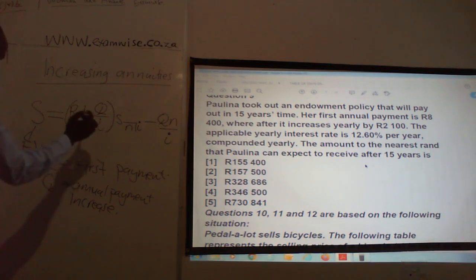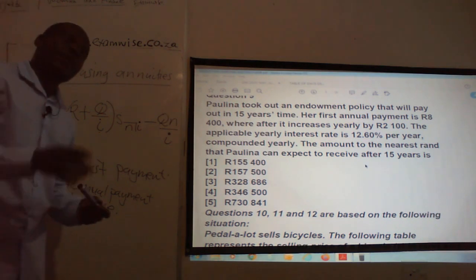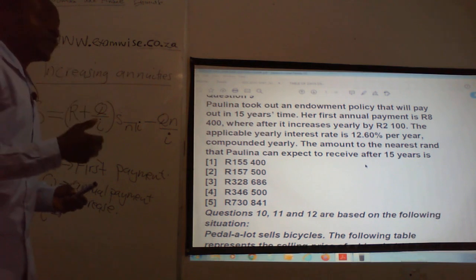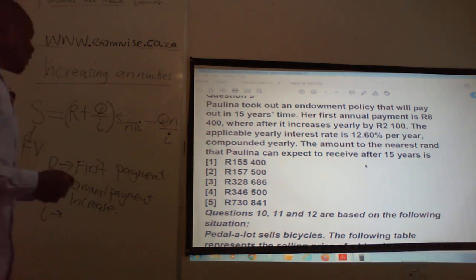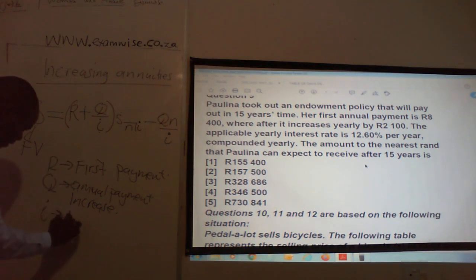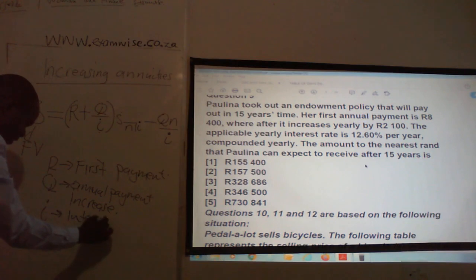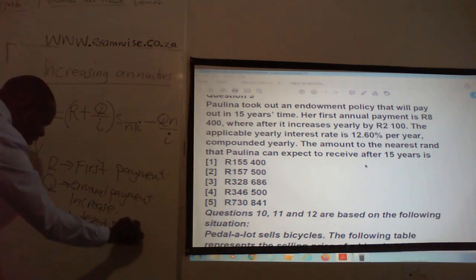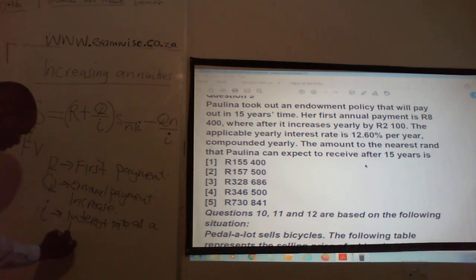And our I here is our interest rate as a decimal, because we are using a formula. As long as we are using a formula, our interest rate must be expressed as a decimal. So I is interest rate as a decimal.